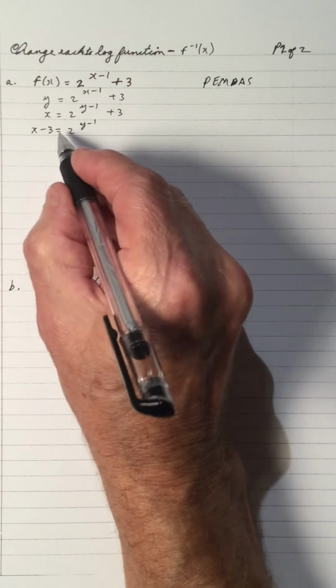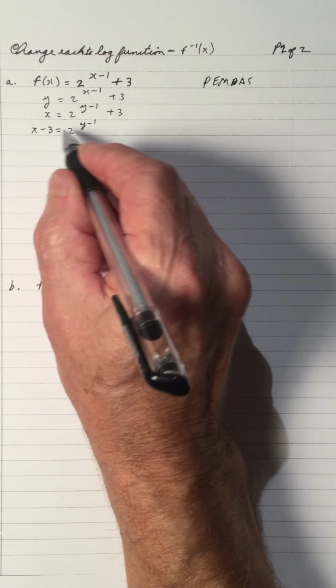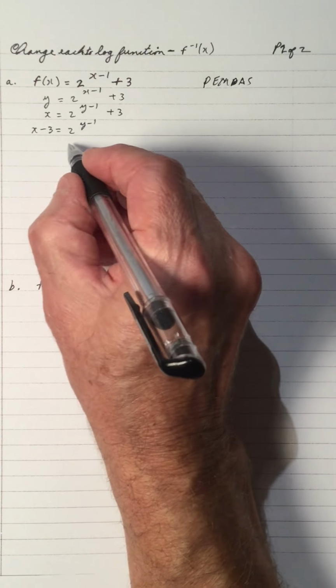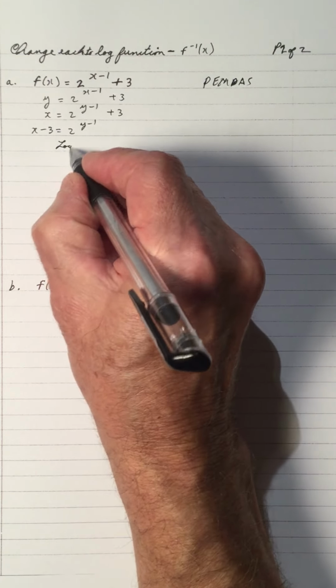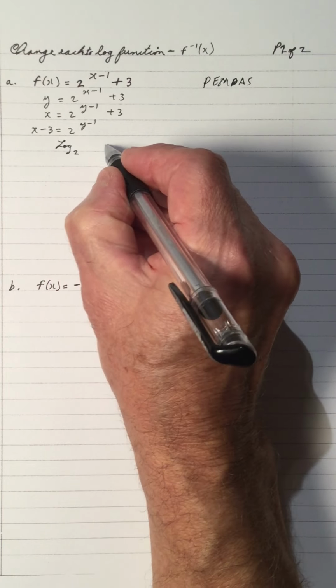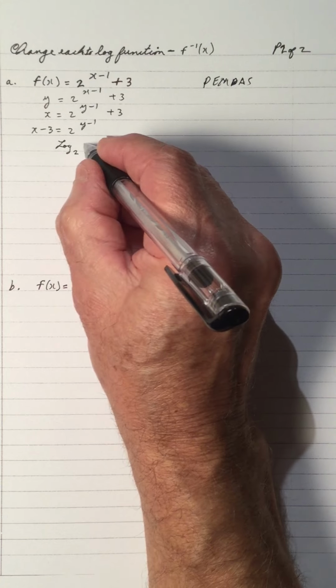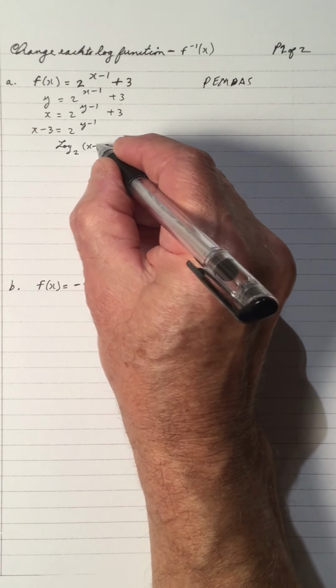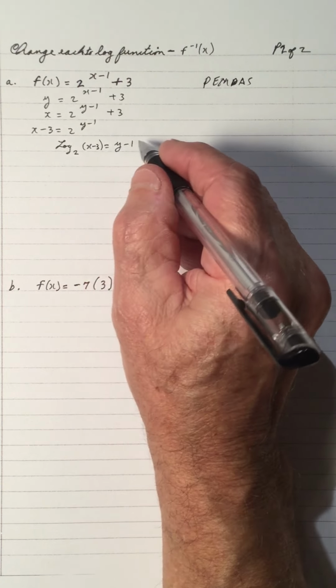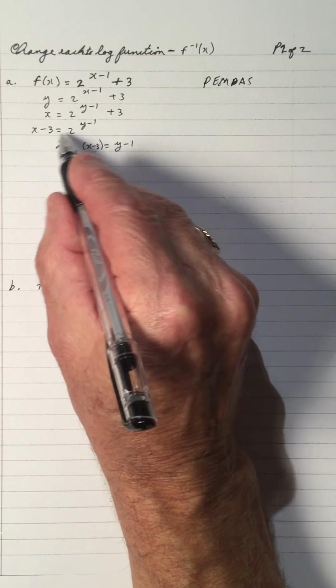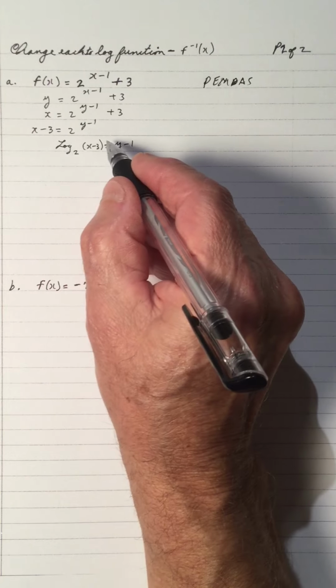And notice now that we have the base and exponent number. So when we write the log, the base is 2, the exponent is y minus 1, and the n is x minus 3. So we write the equation in the exponential form, and then we convert it to a log.